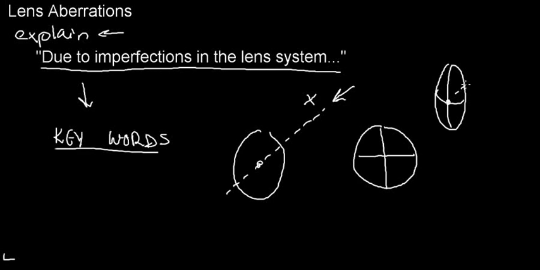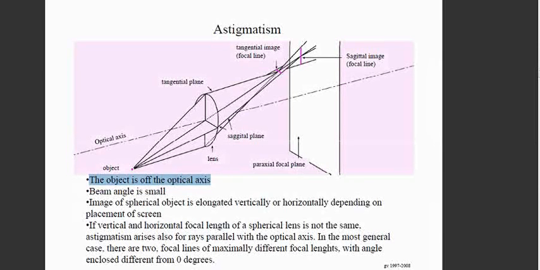This causes two different focal lengths, or rather two different focal points. And when we have two different focal points, or you can view them as infinite focal points between the two, you have a blurry image.